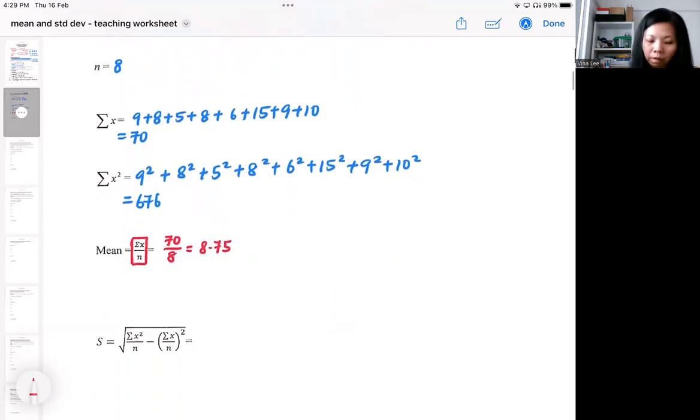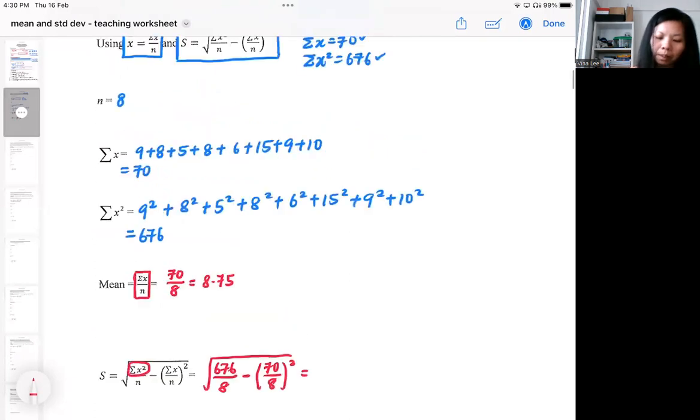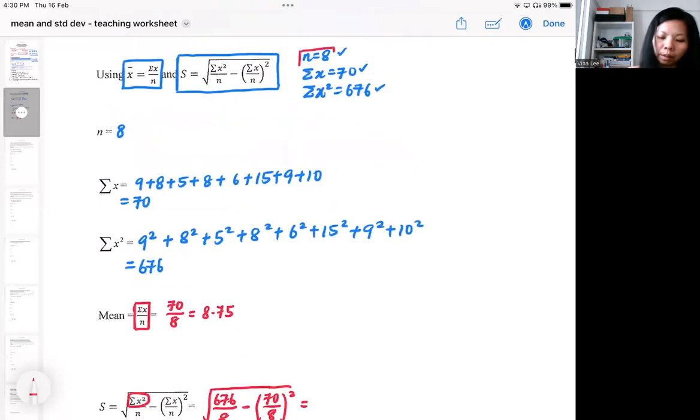The standard deviation looks a little bit bigger, so be careful first. This is the sum of x squared, which is 676. Then the sum of x will be 70. So basically, I'm just inserting these three items into the formula.